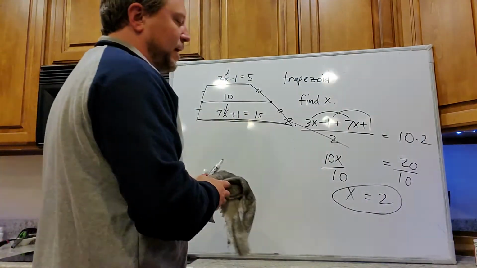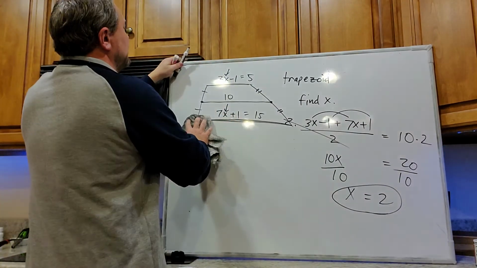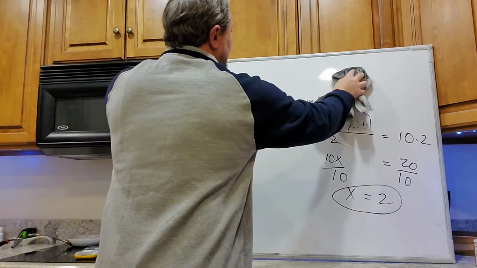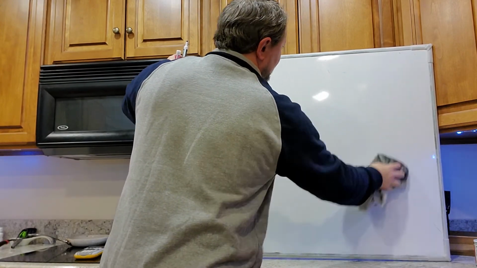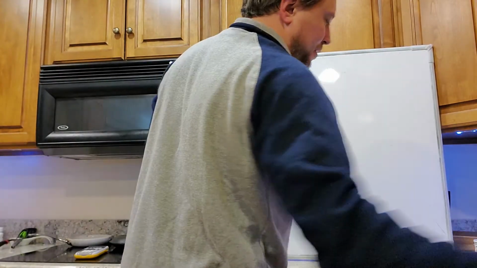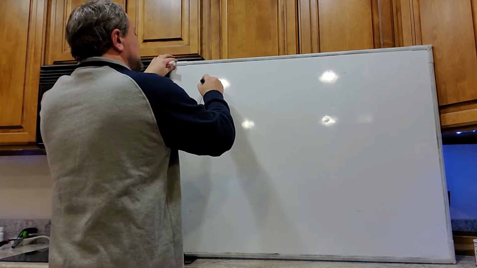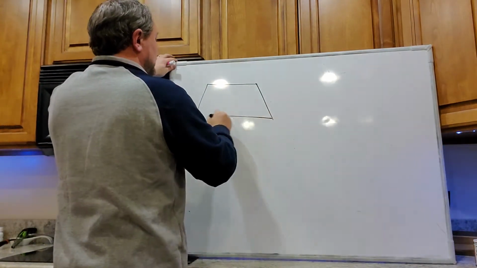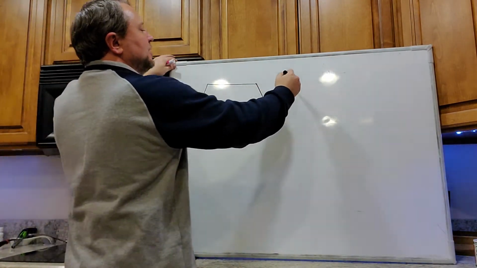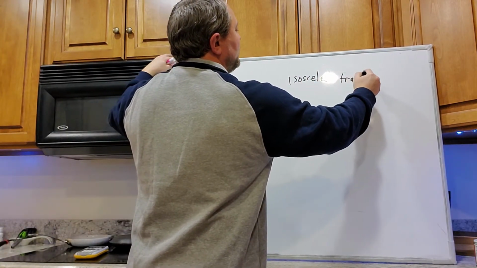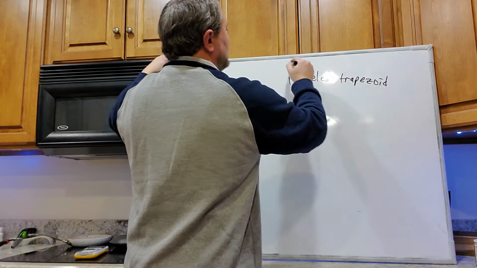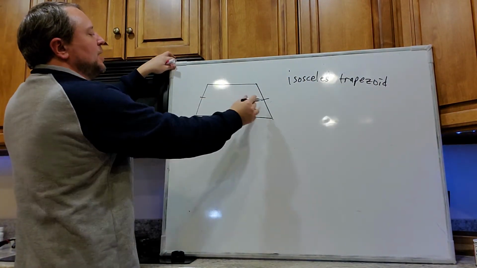Speaking of algebra problems, there's one more I want to throw out at you. This last one has nothing to do with a median. This is going to be an isosceles trapezoid, so we're going back to one of those, an isosceles trapezoid with 2 matching legs.